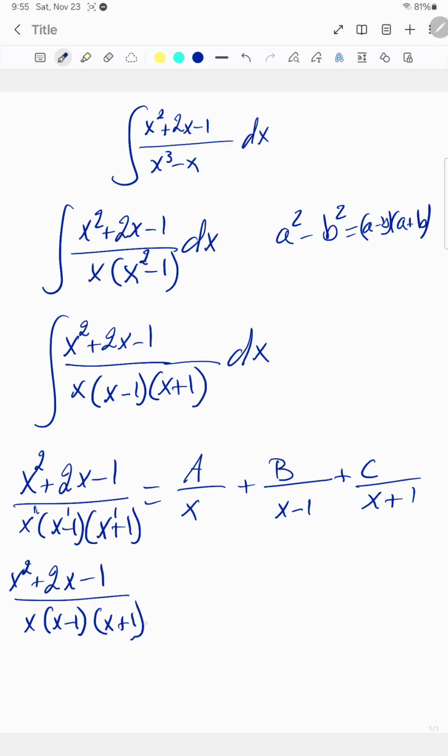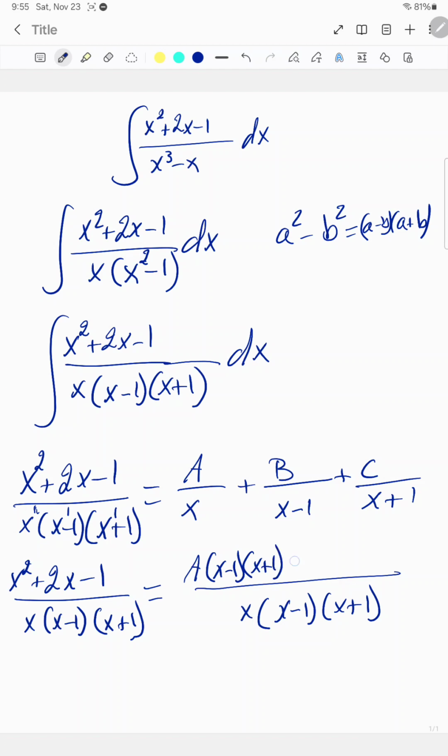My common denominator is x times x minus 1 times x plus 1, and my a, I will multiply it by x minus 1 times x plus 1, plus my b, I multiply it by x times x plus 1, and my c, I will multiply it by x times x minus 1.